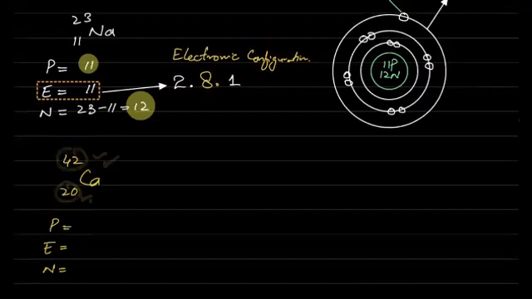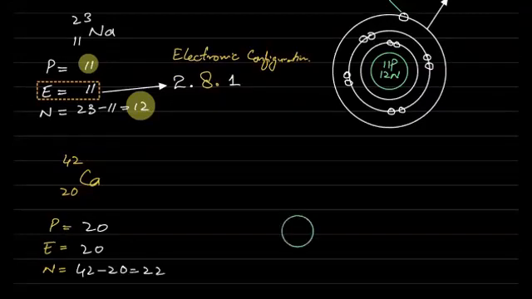So protons are 20, electrons are 20, and neutrons are 42 minus 20, which is 22. This is the nucleus, which contains 20 protons and 22 neutrons. The very first shell can accommodate a maximum of how many electrons? 2. Now do the electronic configuration for 20.